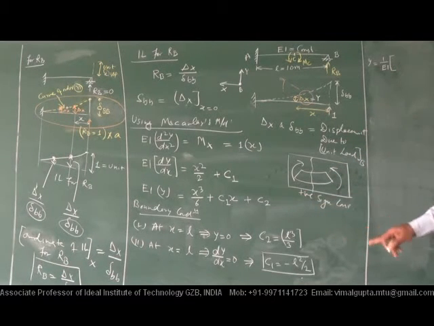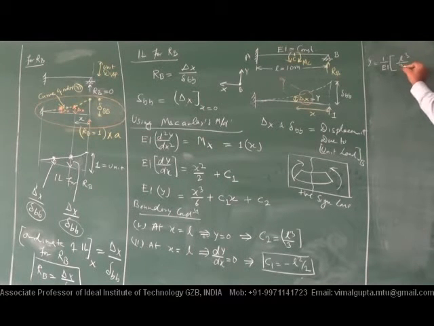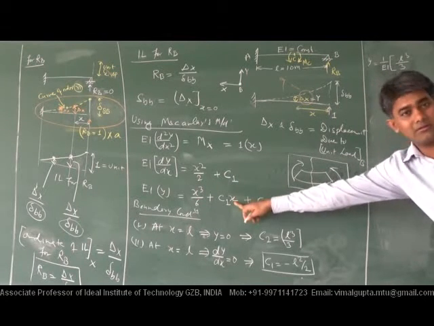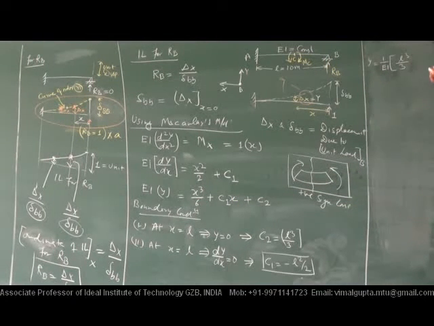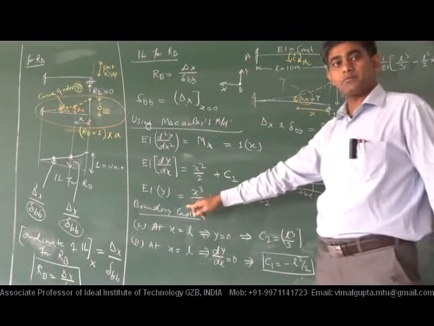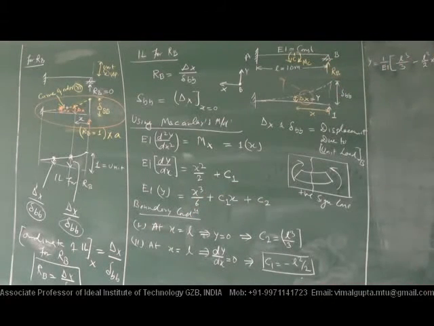Value of C2 it is L cube by 3. Then write this one expression x C1x means minus L square by 2 into x. Then write that plus x cube by 6. I have this. And what is that y?